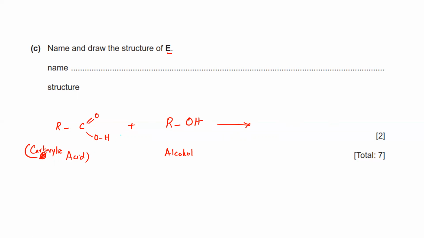From the acid side, this OH is removed, and from this side, this H is removed. So this whole becomes water, and the rest attaches itself. So it says RCOOR plus H2O. This O comes from here.